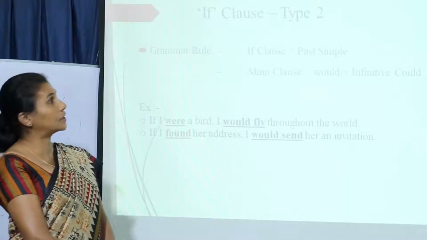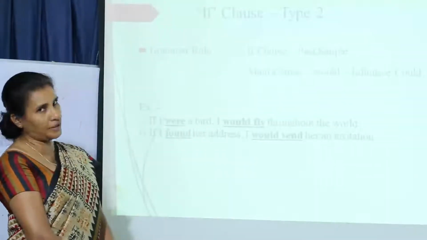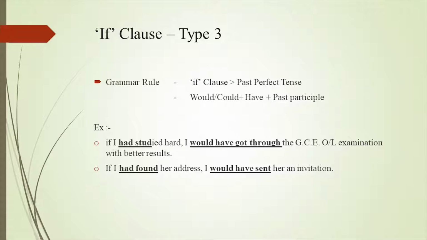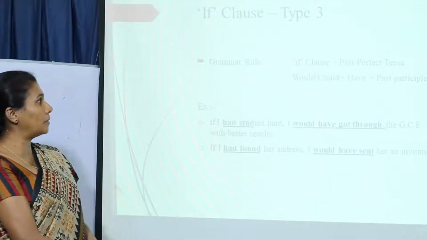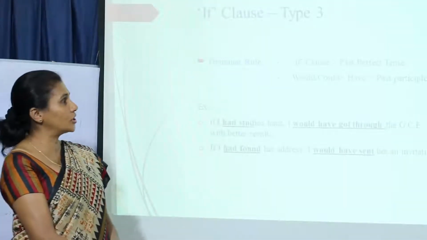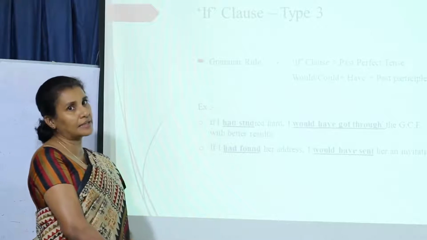Then we'll go to the conditional clause type 3. Here we call type 3 an impossible or improbable situation, because here we are talking about the past, the past activities that we have done. The easiest one that you can remember is, just imagine that your results have been released.